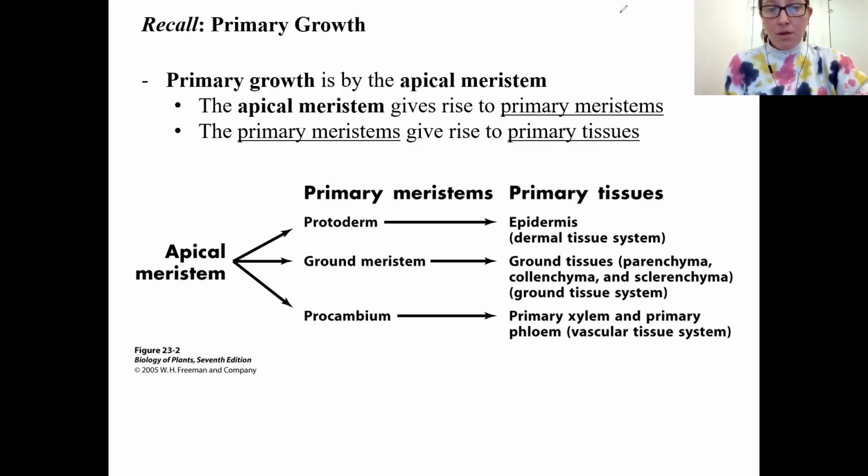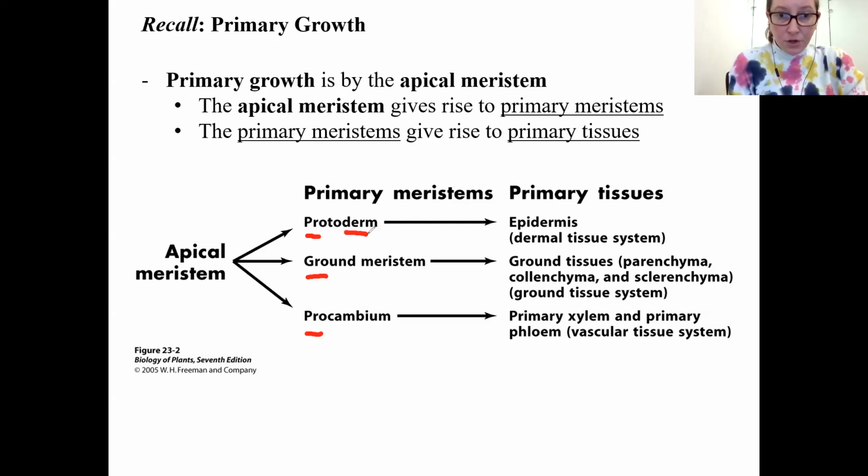There are three primary meristems. The apical meristem, which is here on the left, the cells there will divide and become these primary meristems: protoderm, ground meristem, and procambium. A few of these might look familiar.